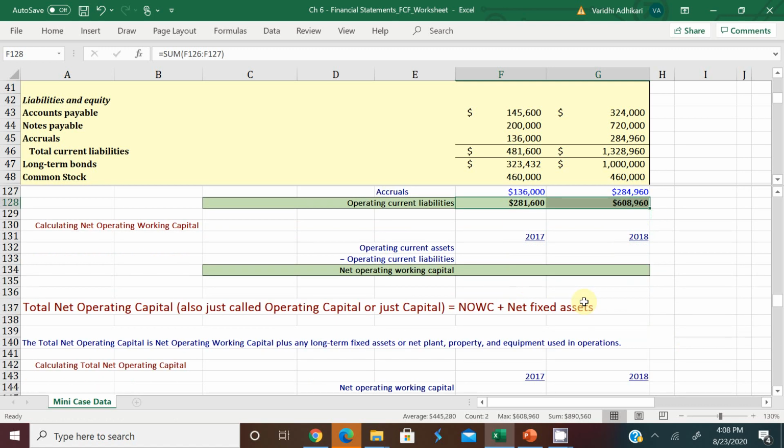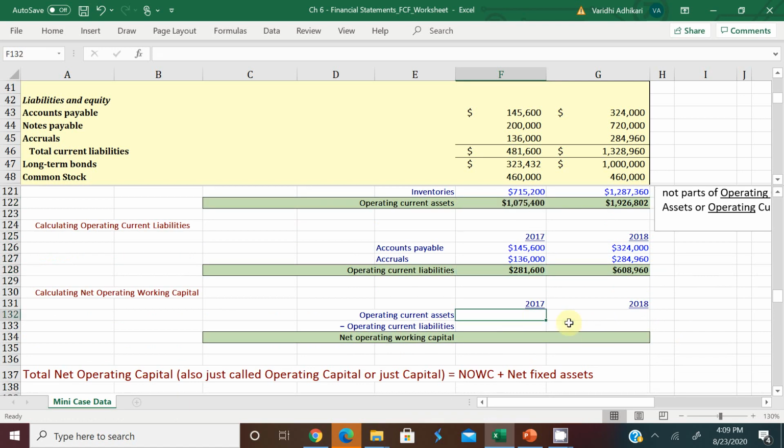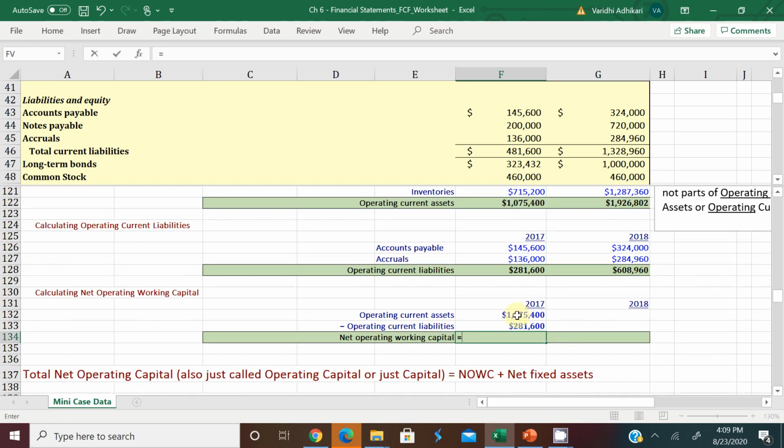Okay, now this is the operating current asset, this is the operating current liability. The difference between these two is net operating current assets, meaning this is the amount of money this company must maintain in its net current assets. This must get financed from other sources. All right, so operating current asset is that much minus operating current liability is that much for 2017.